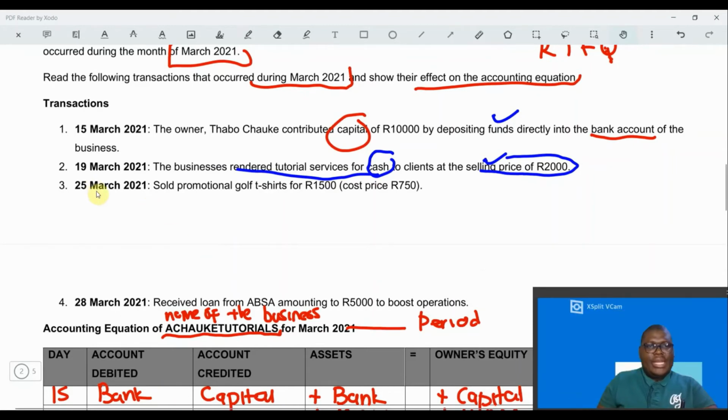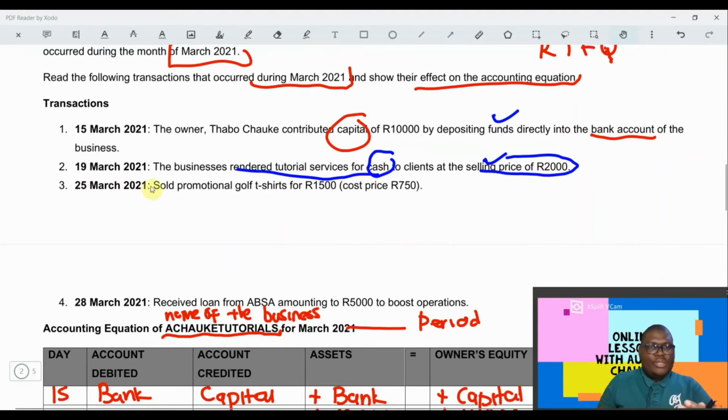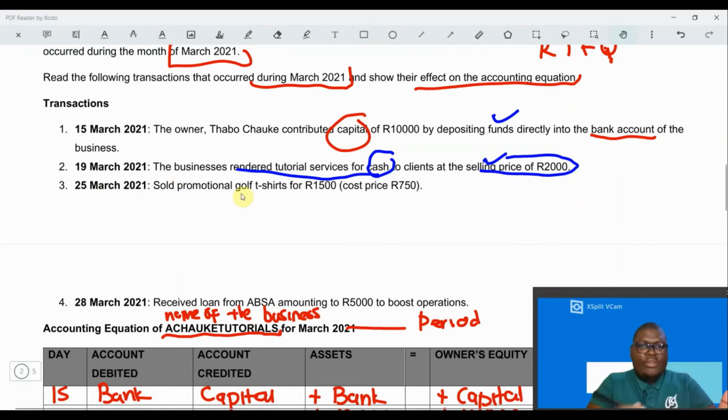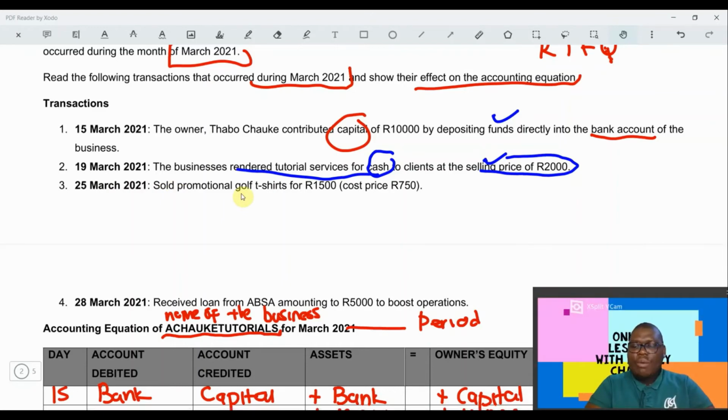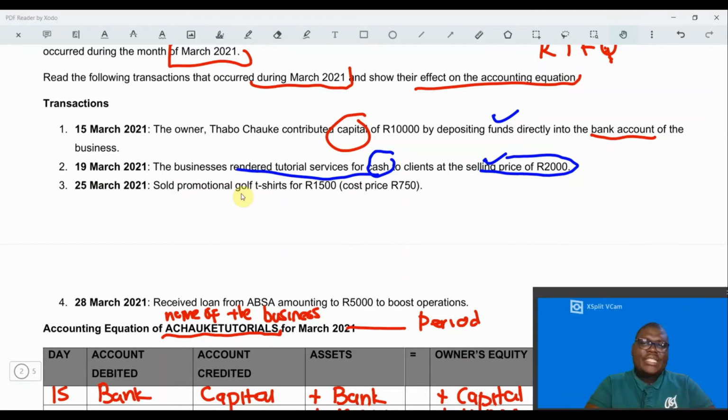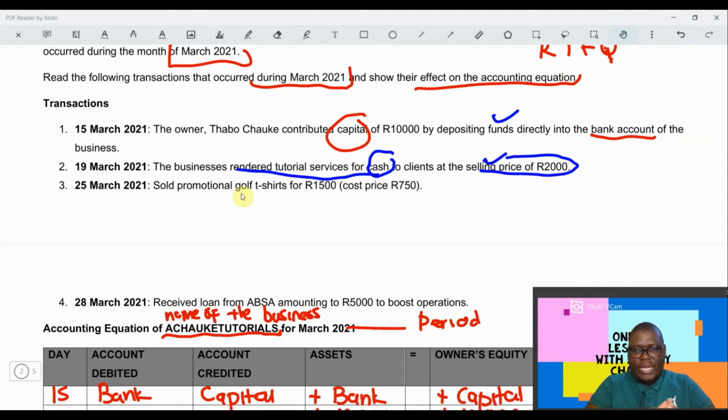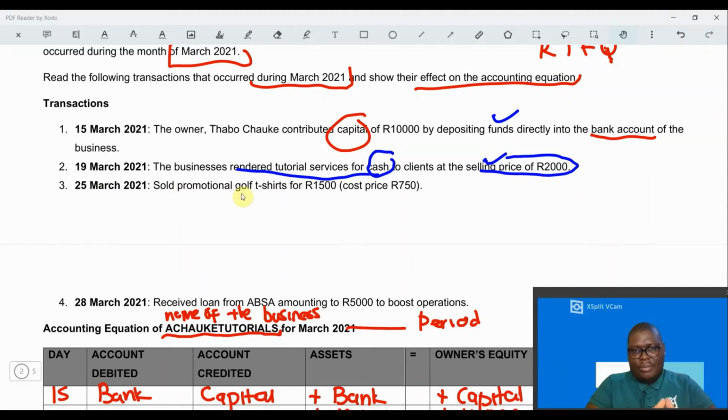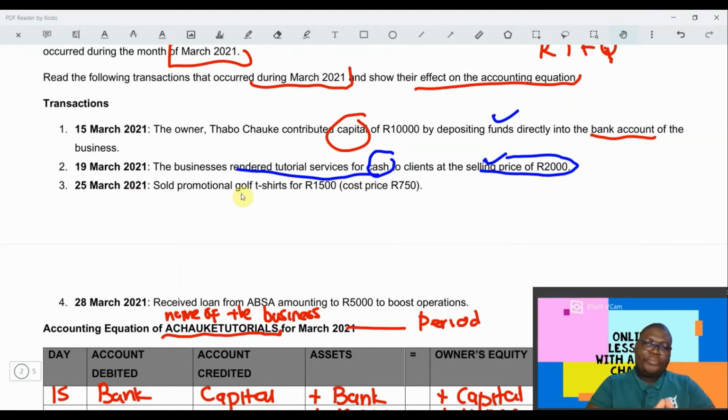Okay, they're saying on the 25th of March 2021 we sold promotional golf t-shirts for 1.5. They didn't tell us exactly how many t-shirts we sold, but all we know is that from the sales of such t-shirts we made 1.5, and then the cost price of producing those t-shirts was around 750.